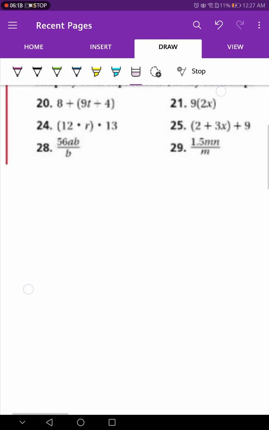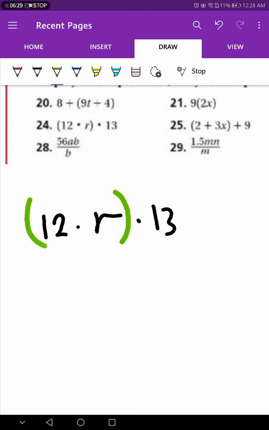Okay, 24 here. It is 12 multiply r multiply 13. And the parentheses here hold the 12 multiply r. So first of all, as we learned, we put the numbers near each other. So you can switch. So r multiply 12 is correct.